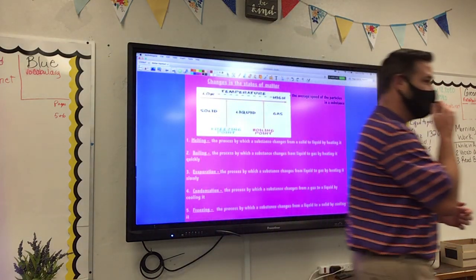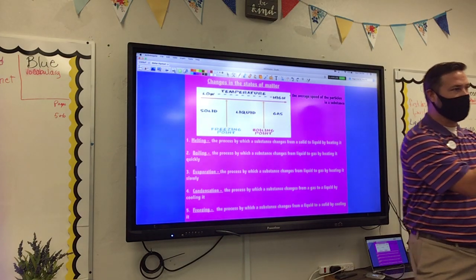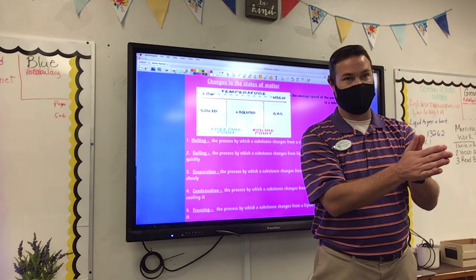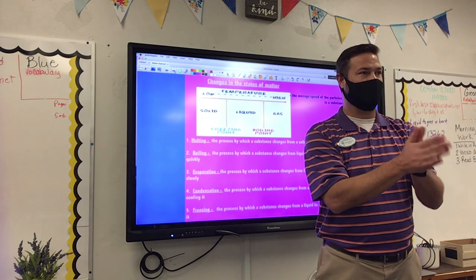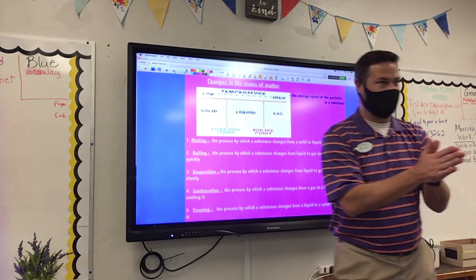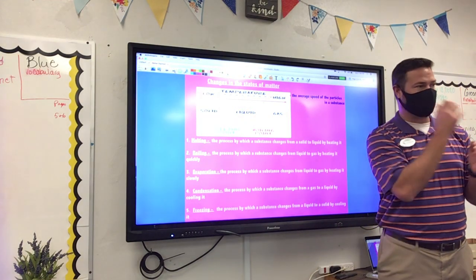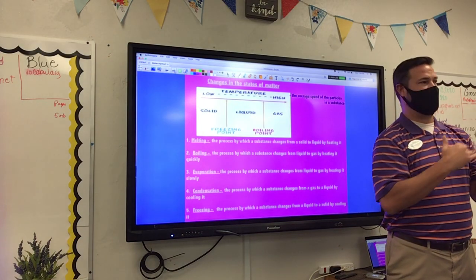Freezing. What is it called if I go from a hot steam gas and I cool it down to a liquid? Condensation. What would happen if I took that water and I got it even hotter and it turned into a gas?